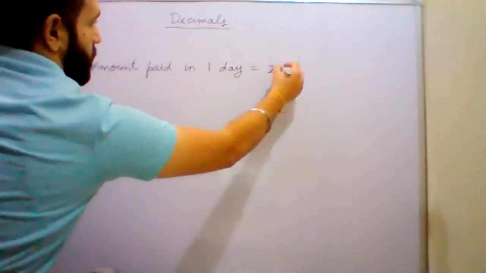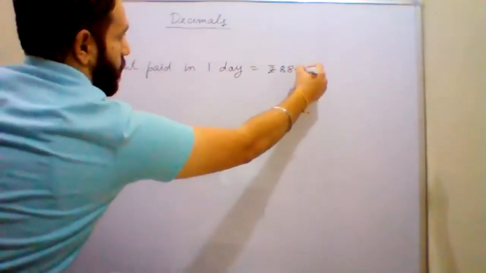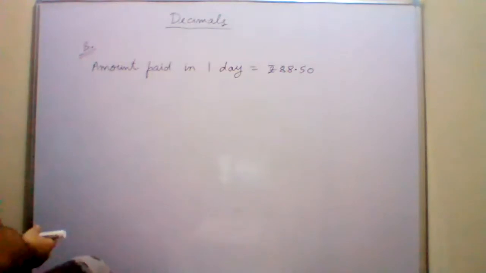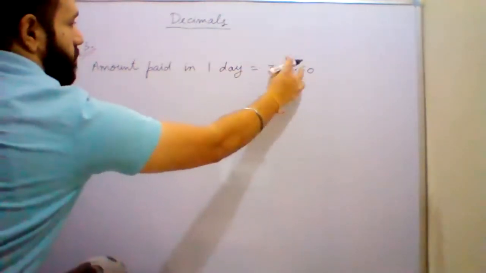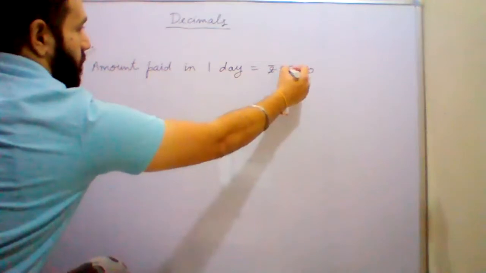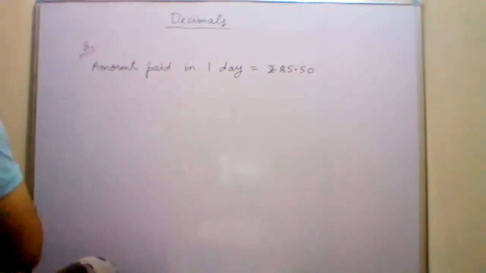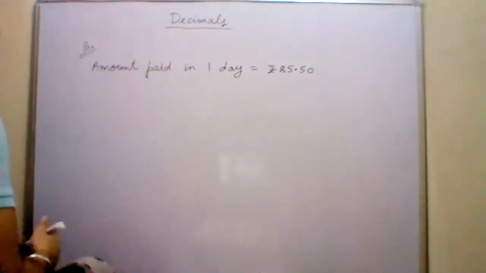Rupees 88.50. You can simply write 88.5 also. No, it is not 88, it is 85. I'm sorry, 85.50. This is the amount paid to the driver in 1 day. How much will he earn in 15 days?